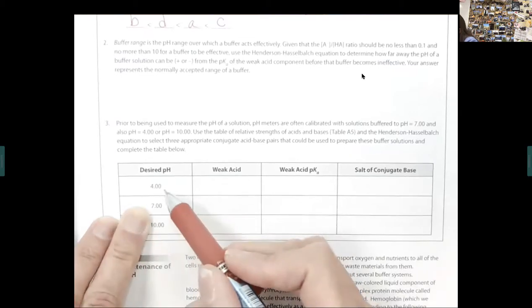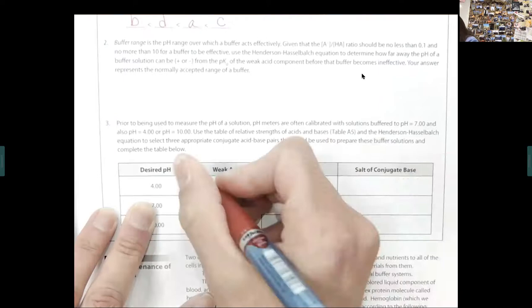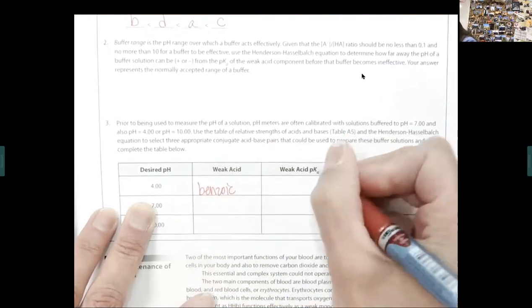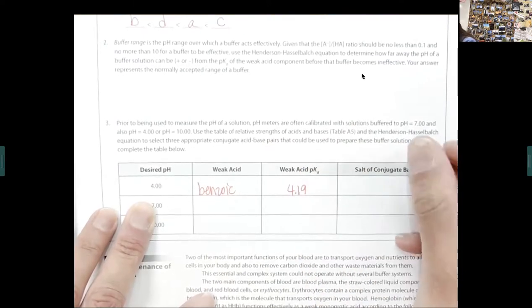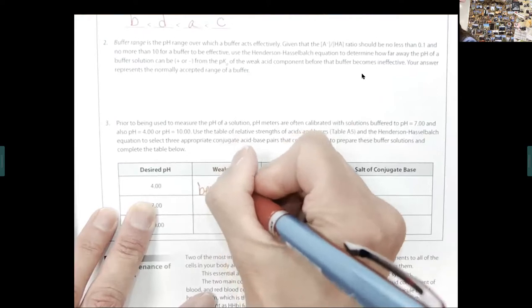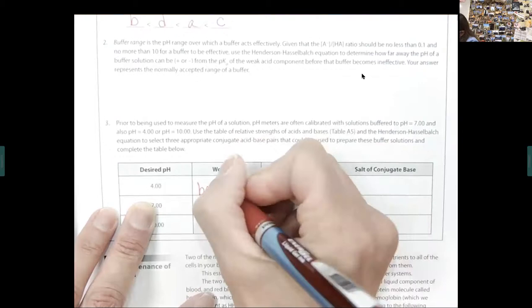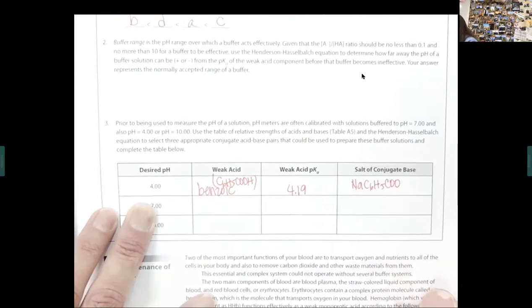If you take a look back at the table, benzoic acid actually has a pKa value of 4.19. And benzoic acid is C6H5COOH. So if you remove one of those hydrogens, like the one on the end, and you put, let's say, an alkali metal with it to neutralize it, to make it have a 0 charge, you would get something that looks like that for its conjugate base.